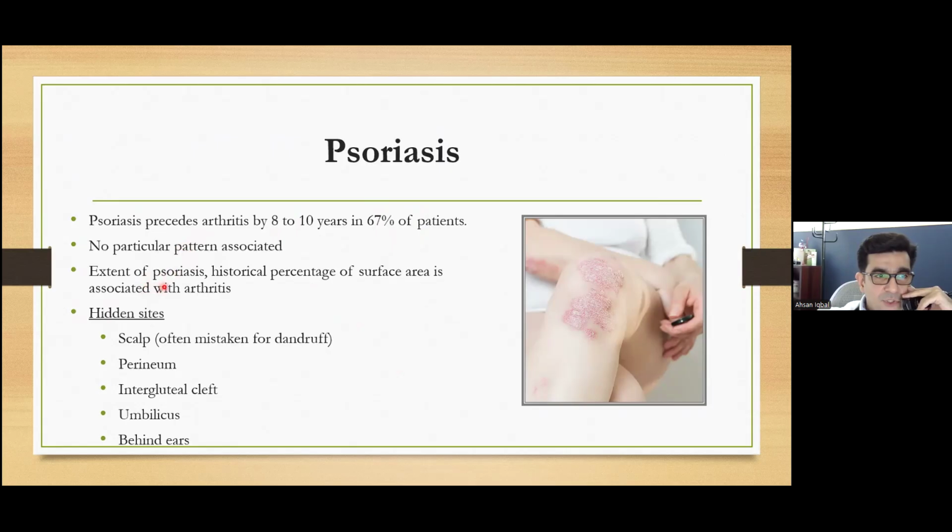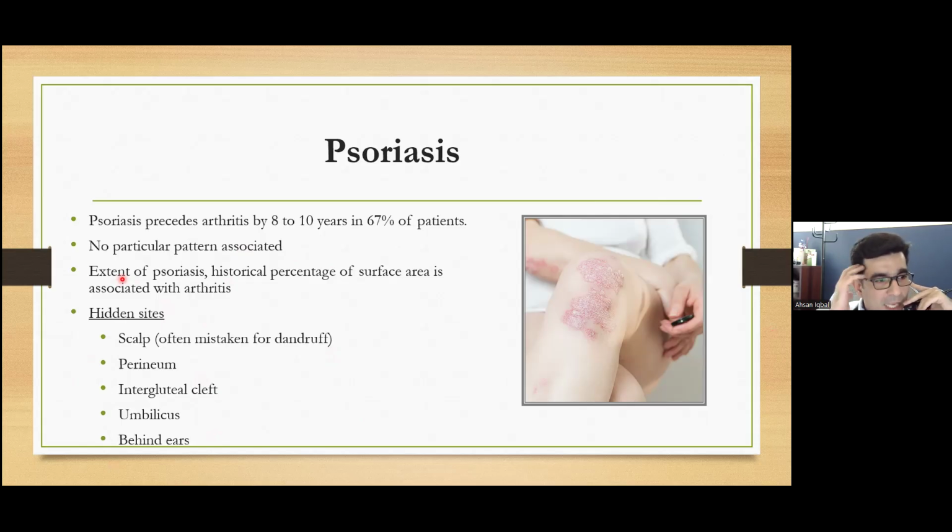What has been associated is the extent of body coverage. So we asked the patients about historical skin involvement as to what percentage of skin was involved, and depending on that, we've seen that the association of arthritis goes up. Okay, whenever we're evaluating a patient with psoriasis, it's always a good idea to look at the hidden sites which are not commonly visible.